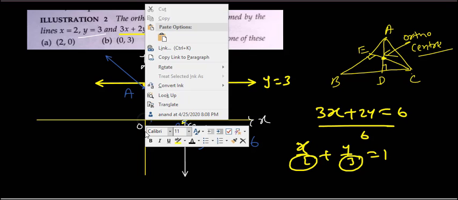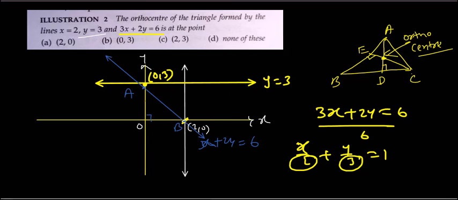And AO is also an altitude on side OB. That means my altitudes OB and AO are intersecting at point O, which is the origin. Origin coordinates are 0, 0. It is not in the first option, not in the second, not in the third also. So the answer is none of these.